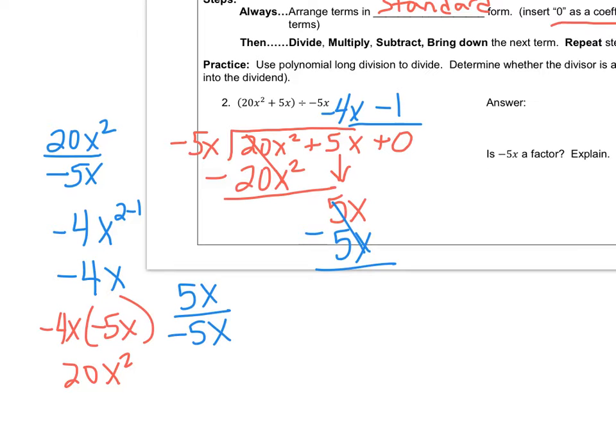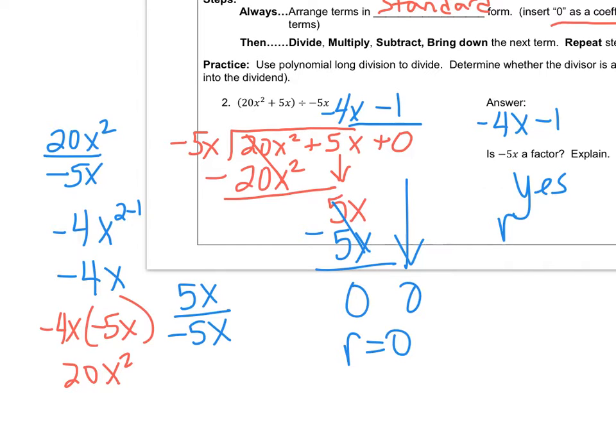Those cancel out. So we have a remainder of 0. So we know that negative 5x is a factor of 20x squared plus 5x. So our answer is negative 4x minus 1. And yes, it is a factor because the remainder is 0.